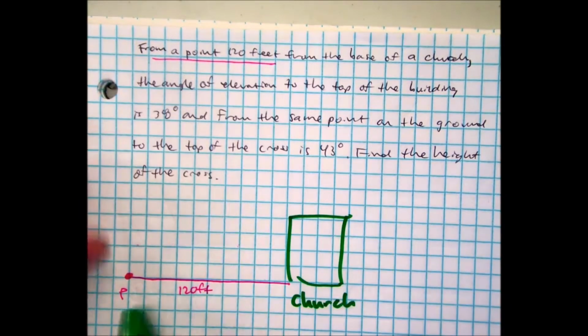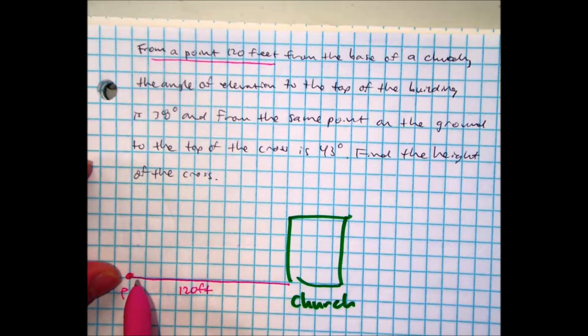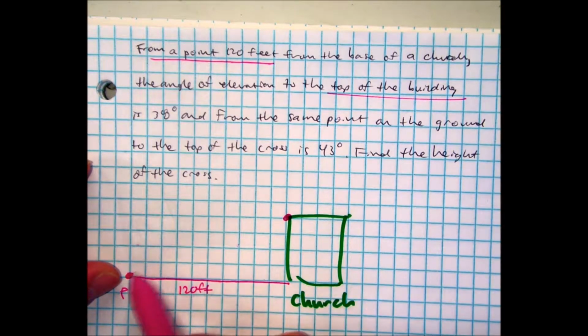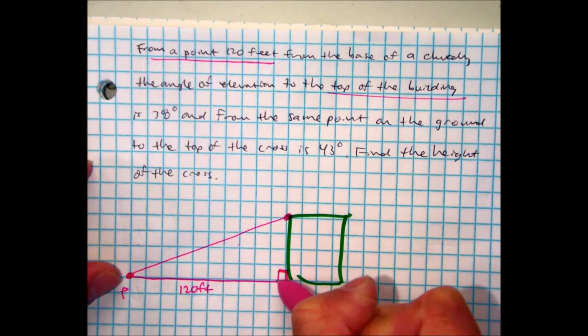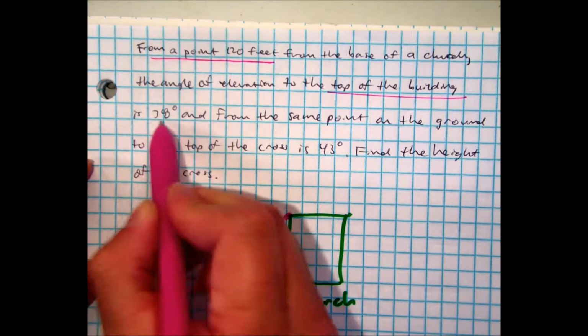From a point 120 feet away from the base of the church, the angle of elevation to the top of the building, so here's the top of the building. Angle of elevation, so we know the building is straight. And the angle of elevation is 38 degrees.